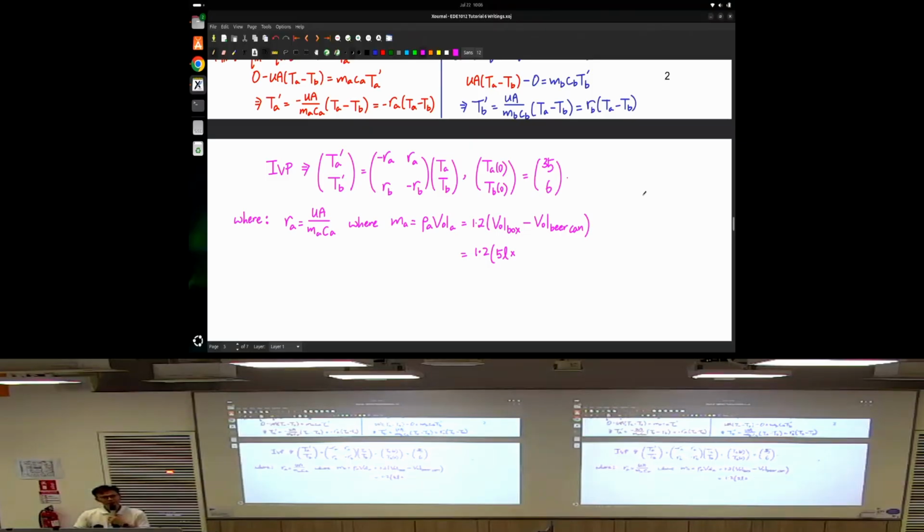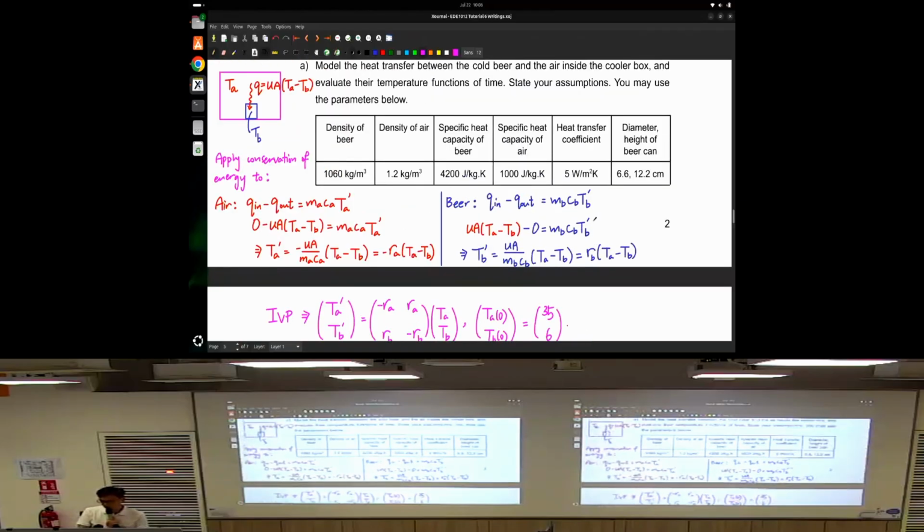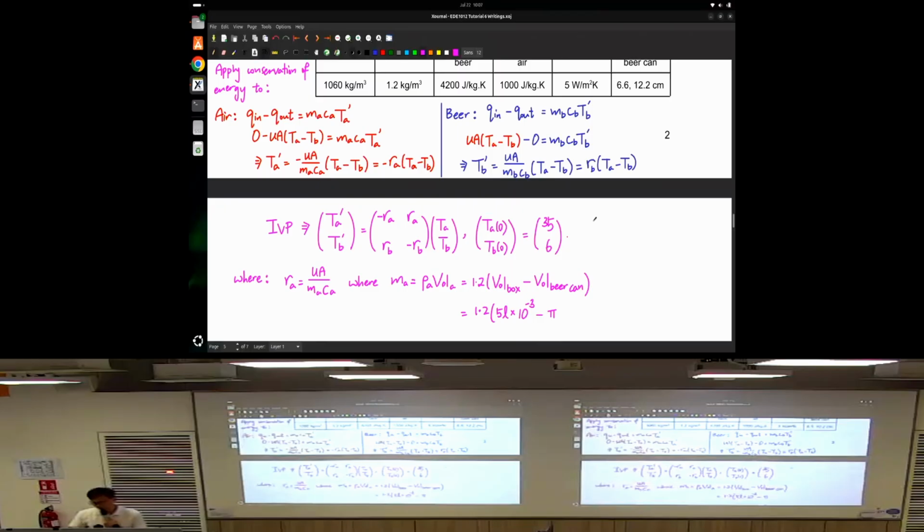Someone convert for me, liter to meter cube. I think it's times 10 to the power of minus 6. 0.001 meter cube. Okay, so it's 10 to the power of minus 3 then. Then this is minus the volume of the beer can. So this one must be pi times the diameter of the beer can, which is 6.6 cm.